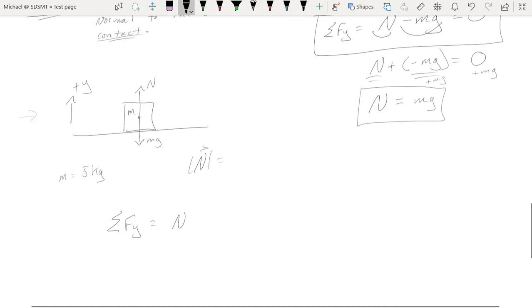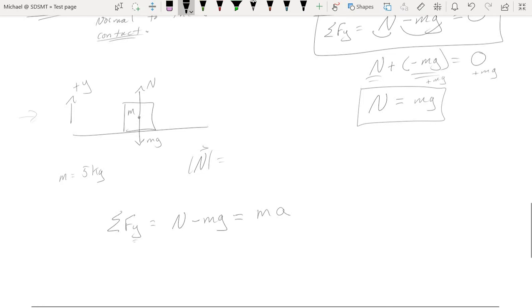So here we have normal up, that's positive, weight down, that's negative, and the combination of any forces in a system is responsible for how that mass will accelerate.